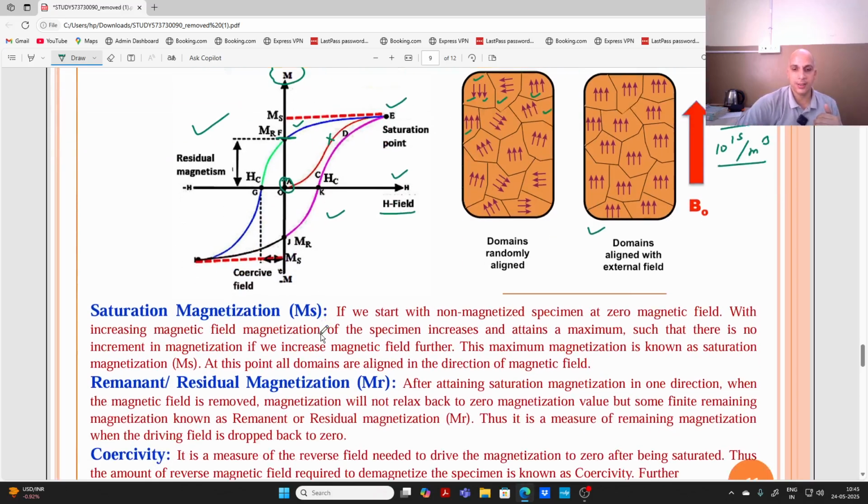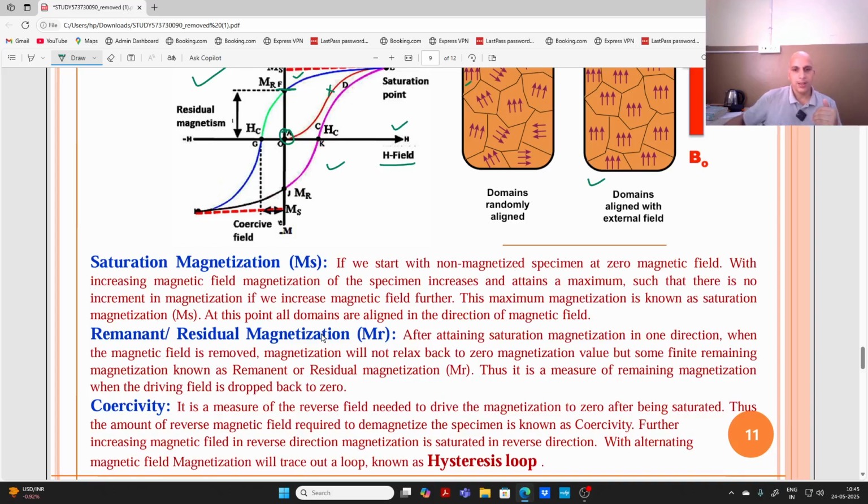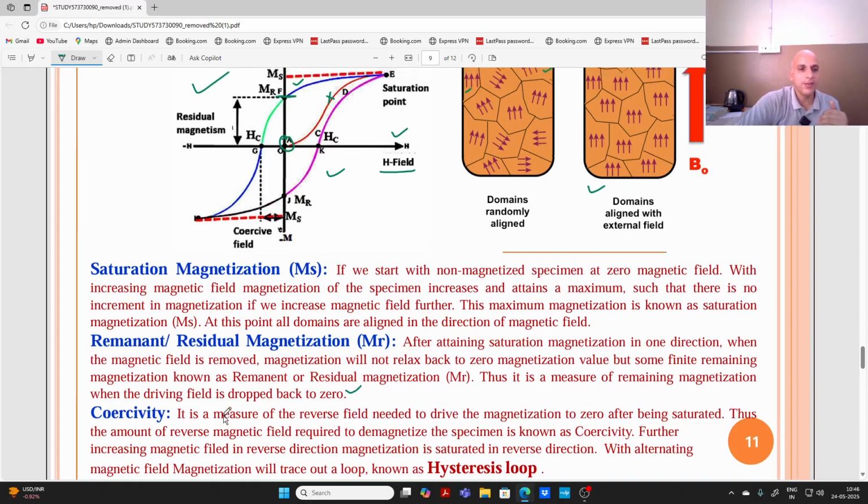You can see here, it is written: after attaining saturation magnetization in one direction, when the magnetic field is removed, magnetization will not relax back to zero magnetization value, but some finite magnetization remains as remnant or residual magnetization. We call it retentivity in physics, right?